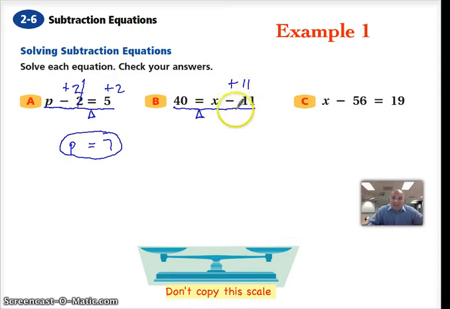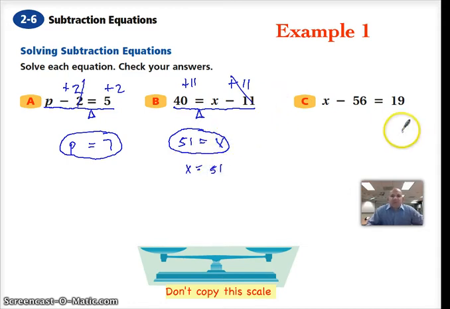If we add 11 to this side of the scale, we need to add 11 to the other side of the scale in order to keep it balanced. 11 minus 11 is 0, so the x drops down. Notice how I'm keeping the equal sign roughly on top of each other. And then I have to just contend with the 40 plus 11. 40 plus 11 is 51. So the value of x is 51. Now, if you wanted to flip that around and say x equals 51, that'd be okay as well. But this is fine. That's a simplified version.